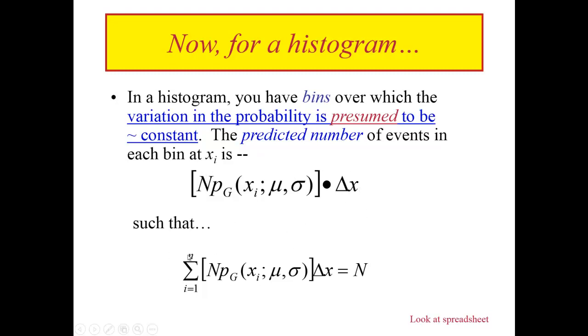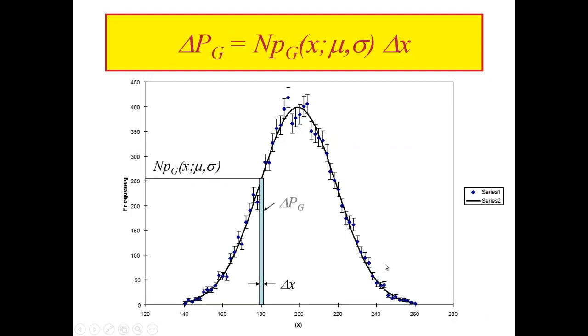And of course, if we add up over all the bins, we should once again get n. Here is an illustration of that, where if we defined a range delta x and found the area underneath the curve over that range, we would get the total number of counts or measurements within that range.